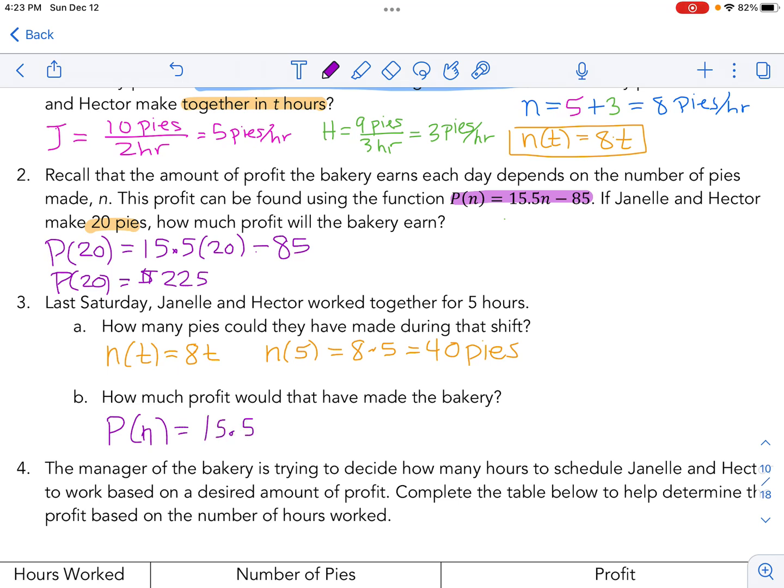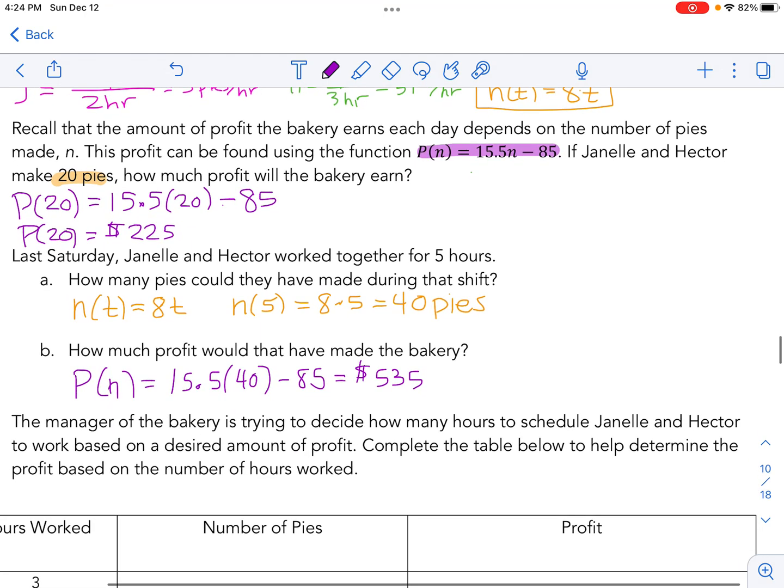So the profit is based on the number of pies. I'm going to grab that profit function now from number 2. 15.5 times 40, because they made 40 pies in those 5 hours, minus 85 is going to get us $535. So that's what they made in 5 hours at the bakery.